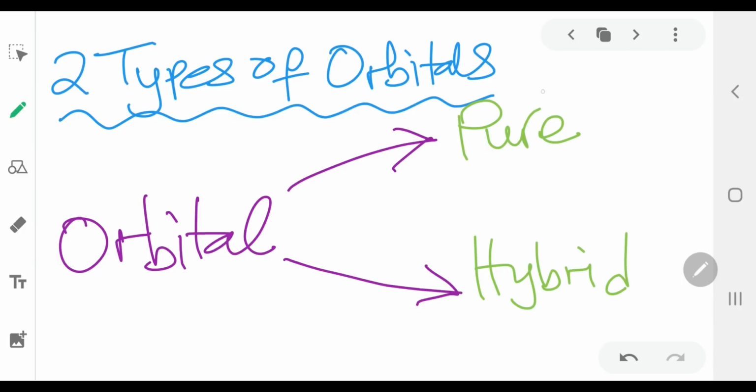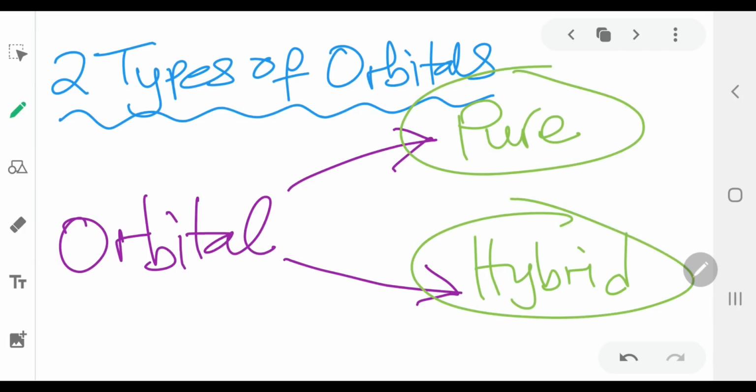Okay, we have pure and hybrid orbitals. For the pure orbitals, you have seen them before: the S orbital, P orbital, D orbital, and F orbital. Those are the types of pure orbitals.